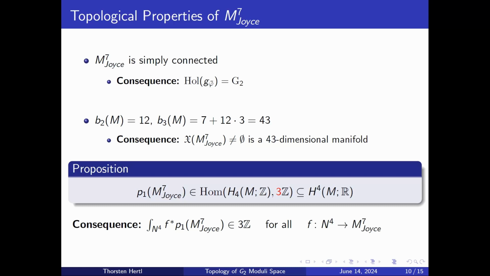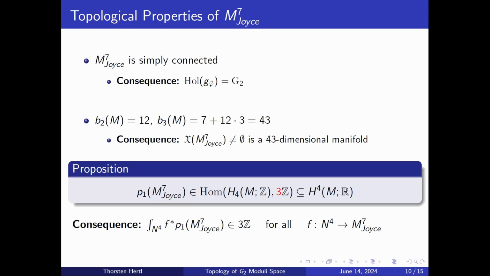So this was one before, and in our project, we needed to calculate its first Pontryagin class, which we know by general theory must be non-zero. We actually used Chern-Weil theory to compute the first Pontryagin class and observed that it lies in the integral lattice and is divisible by 3.